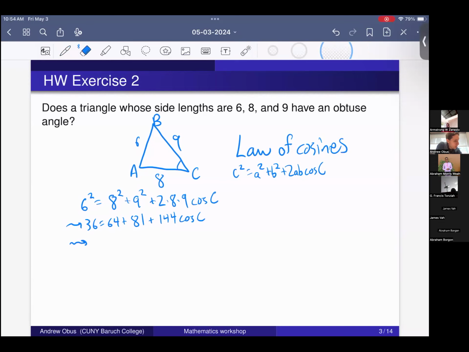Sorry, I wrote this wrong. This should be c squared equals a squared plus b squared minus 2ab cosine of C.